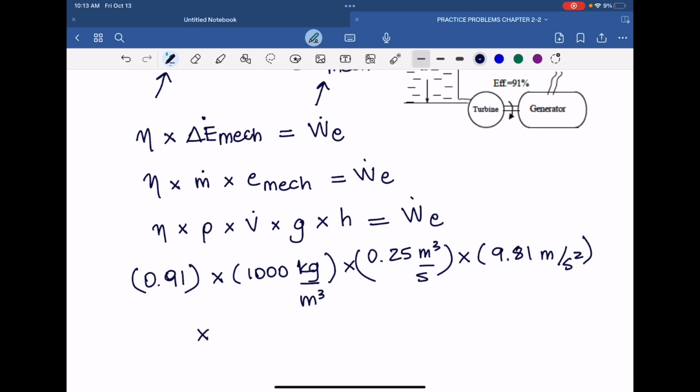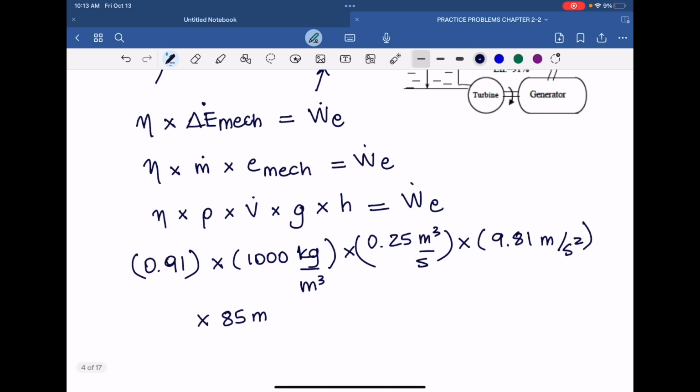And we continue that equation. The height of that water is 85 units. Seems like they are making sense. Now at this point we're going to do a calculation, but I need to be very careful what the unit is going to be that we are ending up with.